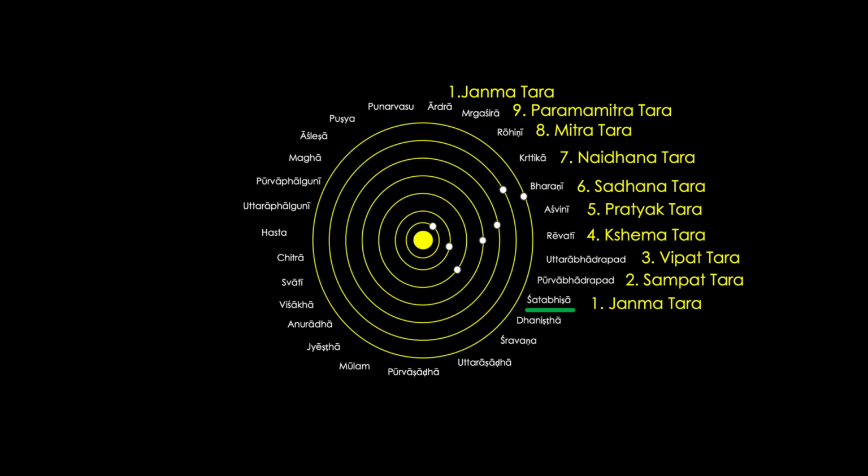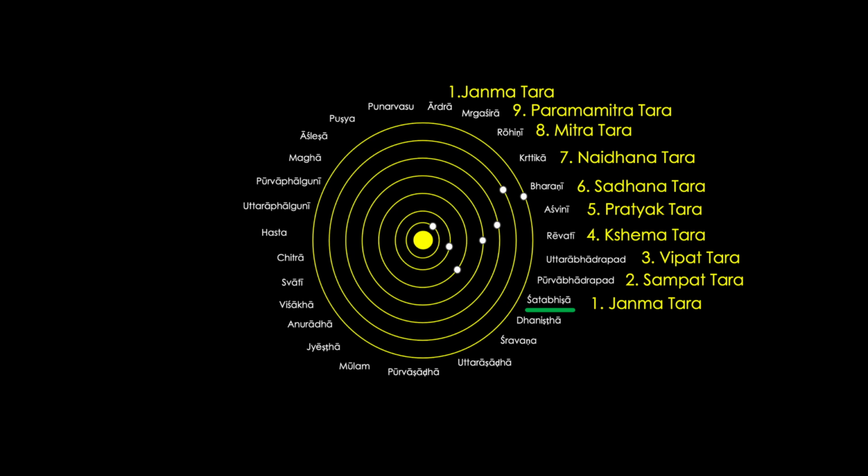But we have 27 nakshatras, hence this process continues. After the ninth nakshatra from Janma nakshatra, the next nakshatra is not called the 10th, but instead it will be treated as Janma nakshatra again. So, continuing with the example of Shatabisha nakshatra as Janma nakshatra, after Mrigashira comes Ardra.